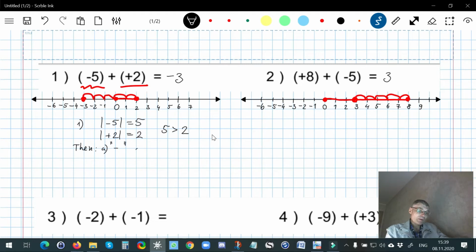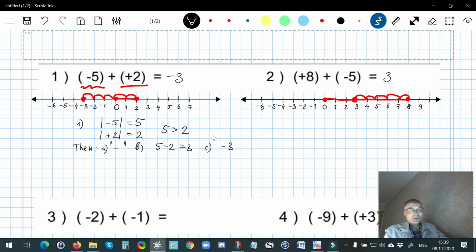That's step A. B: 5 minus 2 is 3. C: negative 3. The answer.